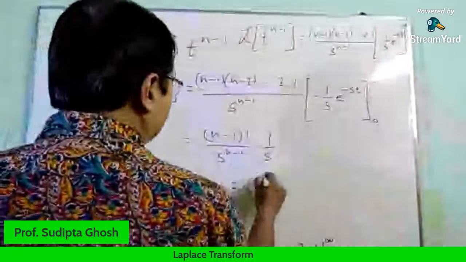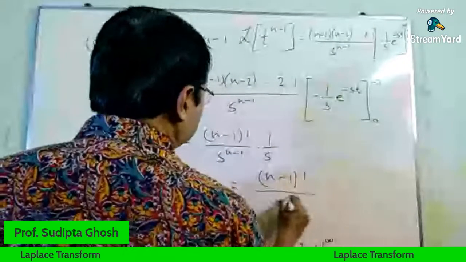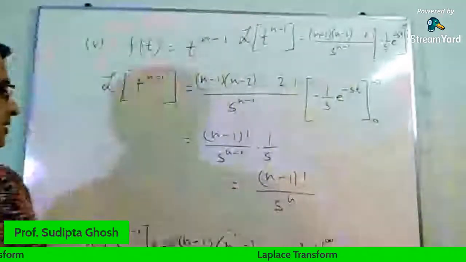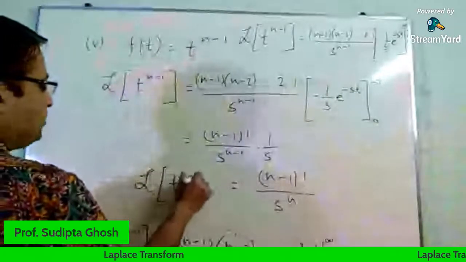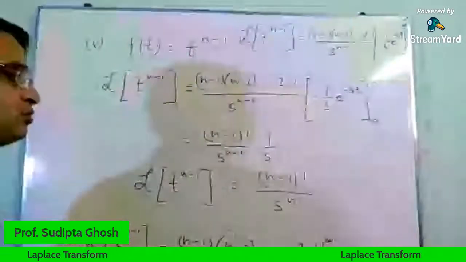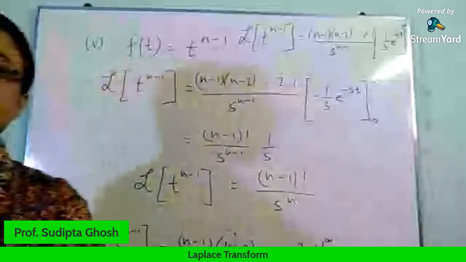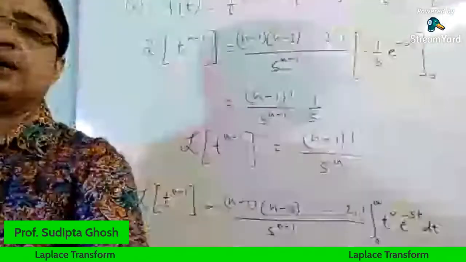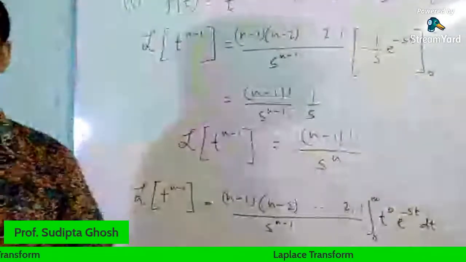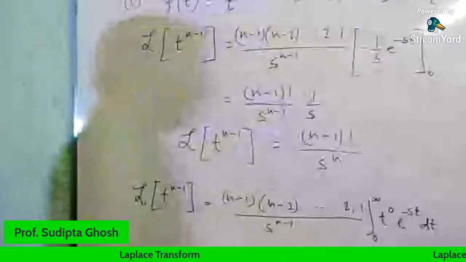So the value becomes factorial of n minus 1 over s to the power n. So this is the Laplace transformation of t to the power n minus 1. The Laplace transform of t to the power n minus 1 is actually factorial n minus 1 divided by s to the power n.